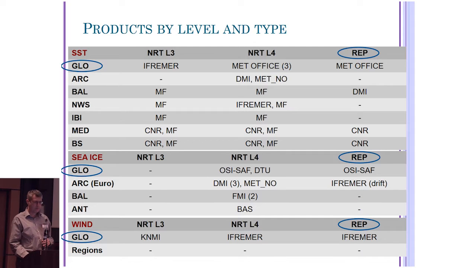Across the columns, we've got near real-time level 3 data, near real-time level 4 data, and also reprocessed data. And as I said at the beginning of this talk, I'm going to be focusing on the global and the reprocessed products. And we've actually got quite good coverage for global, in terms of SST, sea ice, and wind data at, in most cases, level 3, level 4, and reprocessed. It's just the sea ice level 3 that we don't have.